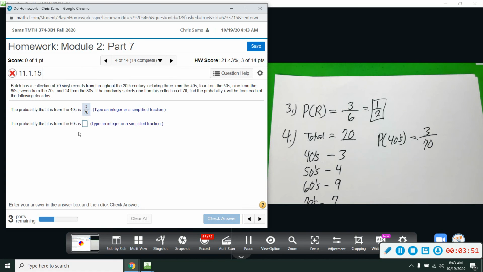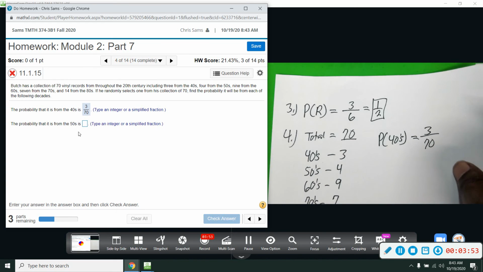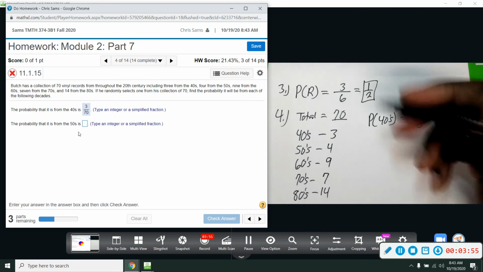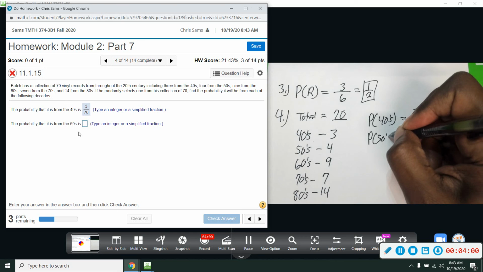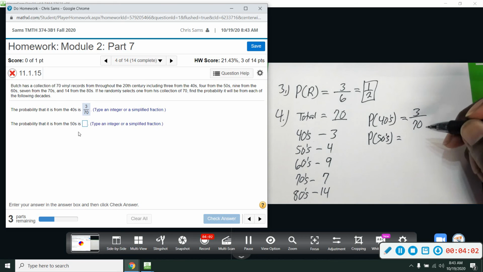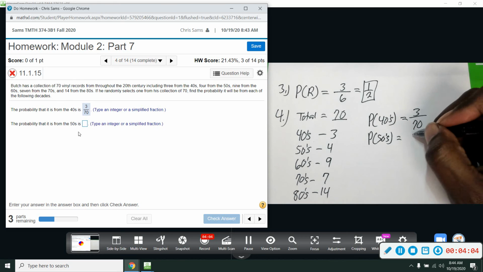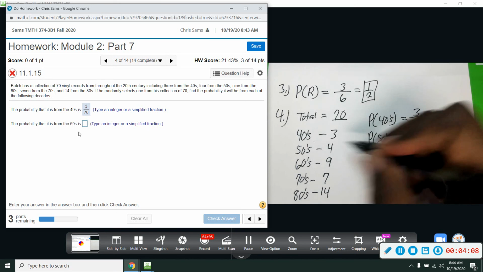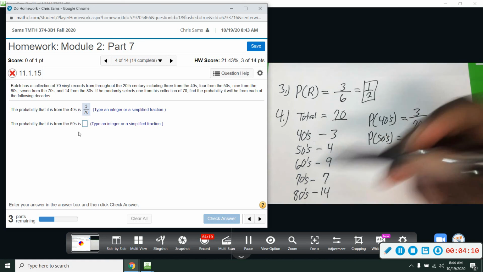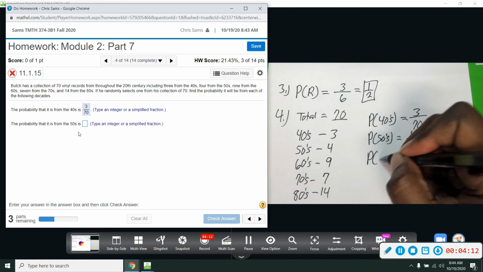All right, from the 50s, there are 4 from the 50s out of 70. I'm going to go ahead and go down. Looks like we got 5 parts. We have 5 numbers. So let's go ahead and do all of them.